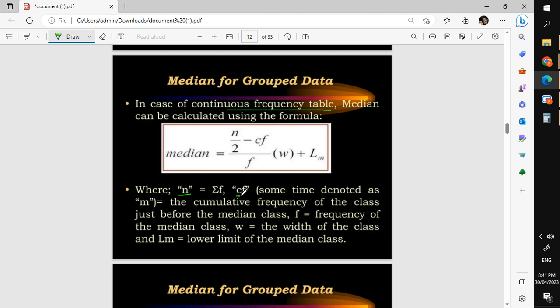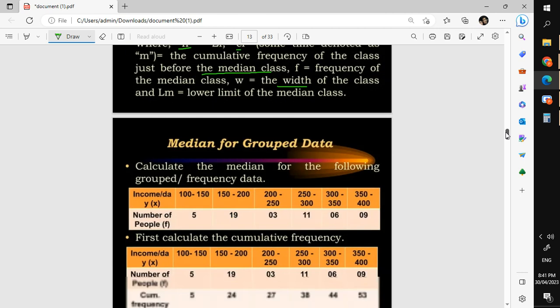CF is the cumulative frequency, which is sometimes denoted as the small letter n, or the cumulative frequency of the class just before the median class. F here is the frequency of the median class, W is the width of the class, and L sub m is the lower limit of the class.